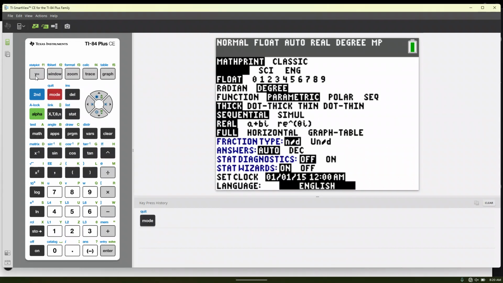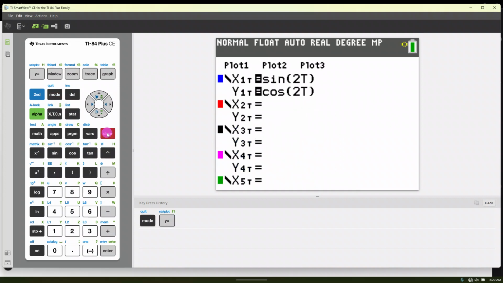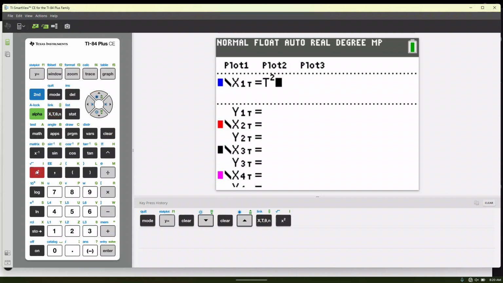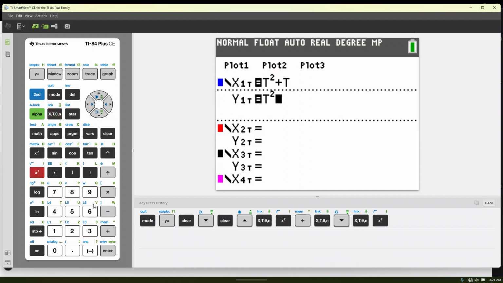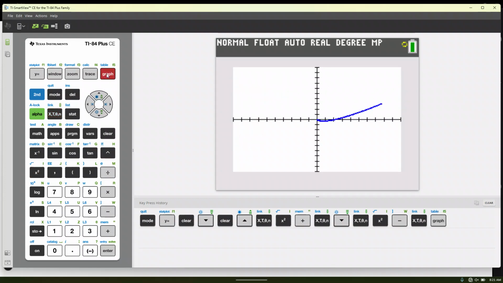Okay, it's already in parametric mode from last time, and I'm just going to clear whatever we have and type the new function. So that is t squared plus t, and for the second component t squared minus t. All right, and then graph.